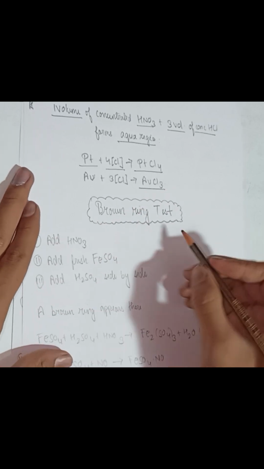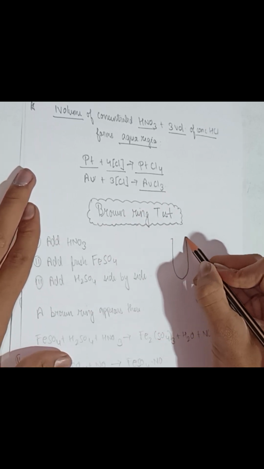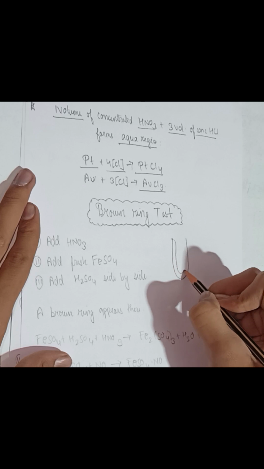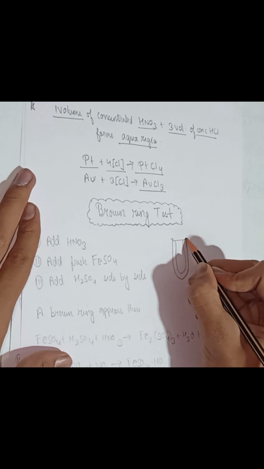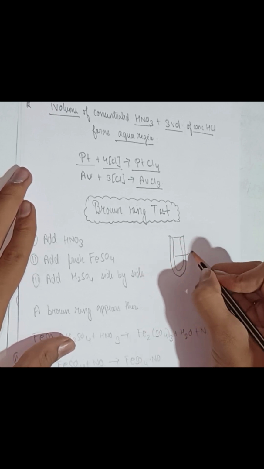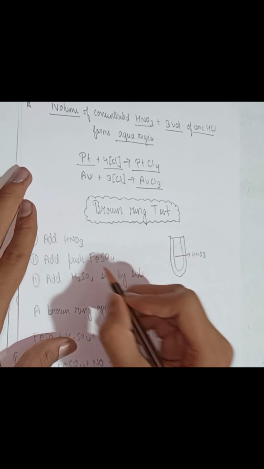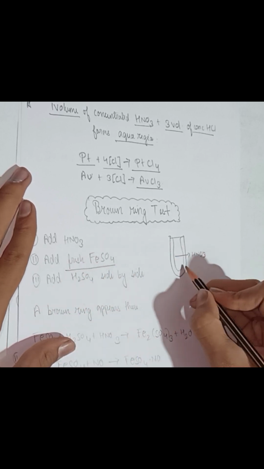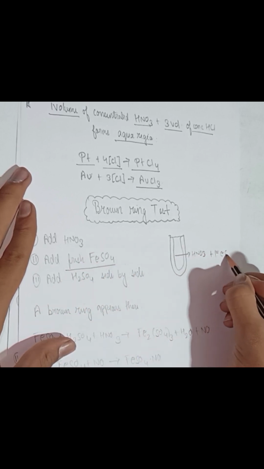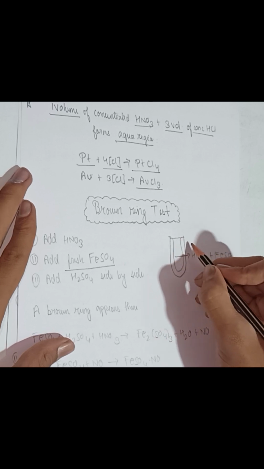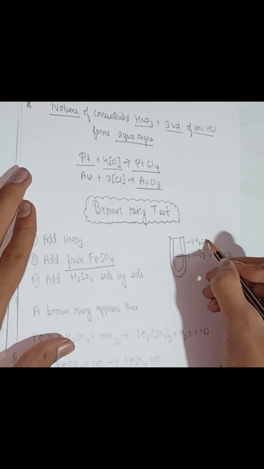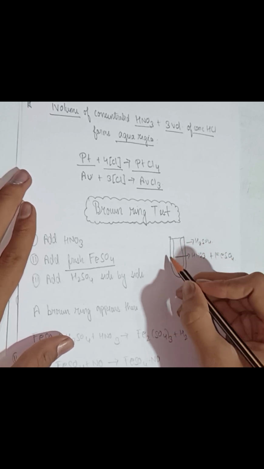Brown ring test. In a test tube, HNO3 is added, and freshly prepared ferrous sulfate, FeSO4, is added, and then we add sulfuric acid drop by drop along the sides.